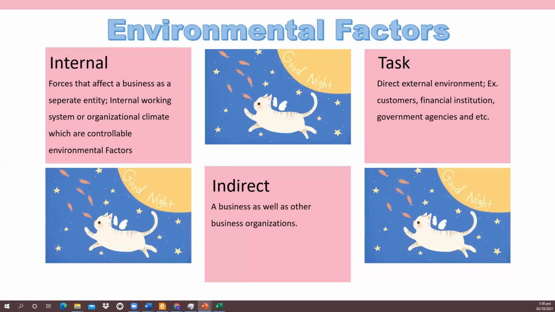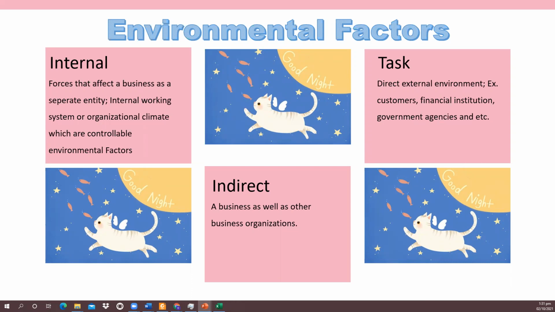So for example, kumbaga, parang may problem sa production. So this can be controlled by the management, so pwede nilang gawan ng paraan or ng solusyon. Okay? So while yung task or yung tinatawag nating external environmental factors, like the customers, financial institution, and government agency, these are the uncontrollable environmental factors.